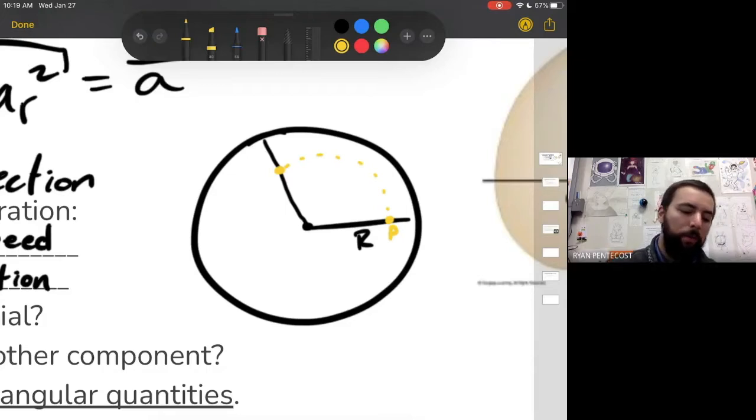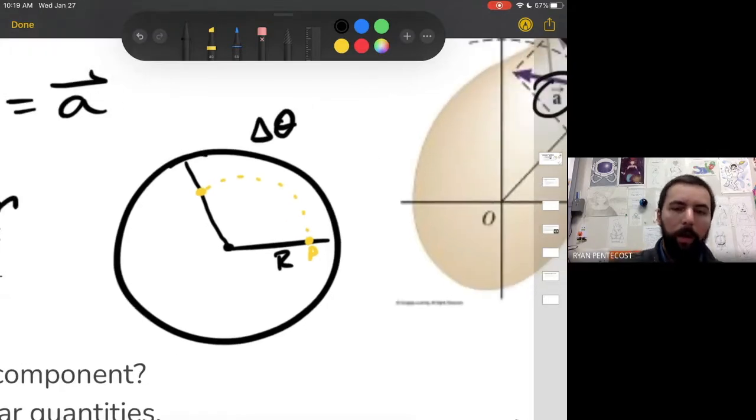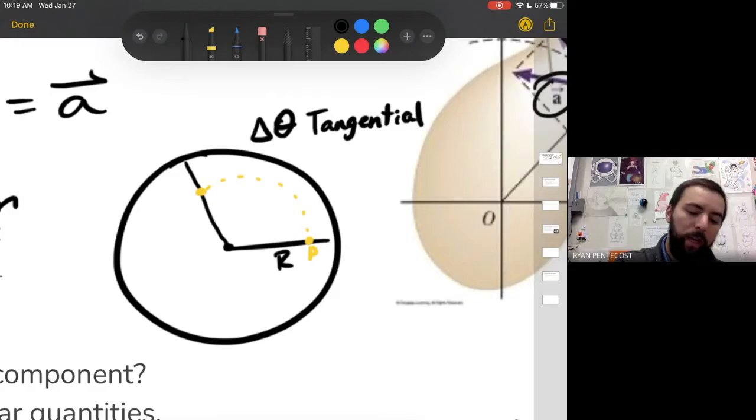Okay? Now, if we want to look at its change in position, the change in angular position, we know that it's not moving any closer or further away from the radius, right? So that would be tangential. Its change in position is perpendicular to the radius, right? It doesn't get any closer or further away. It's perpendicular to the radius at all points.